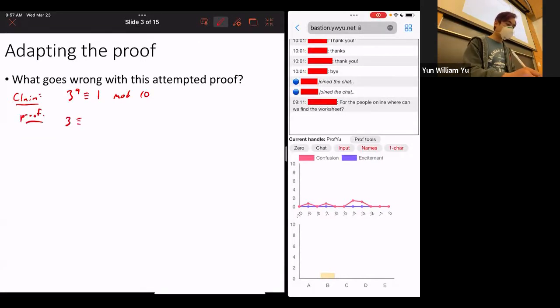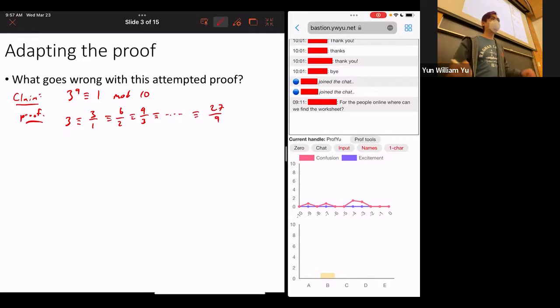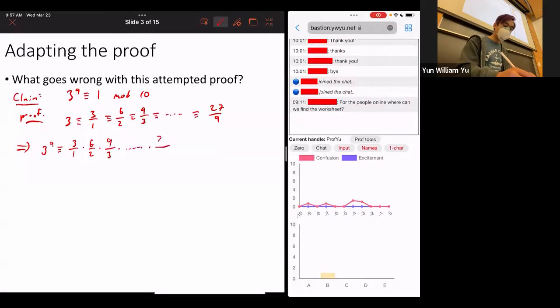Well, 3 is congruent to 3 over 1, is congruent to 6 over 2, is congruent to 9 over 3, and so on, all the way to 27 over 9. Okay, and what does this imply? Well, notice that there are 9 numbers there. So if we rewrite 3 to the 9 as all these things multiplied together, 3 over 1 times 6 over 2 times 9 over 3 times ... times 27 over 9.